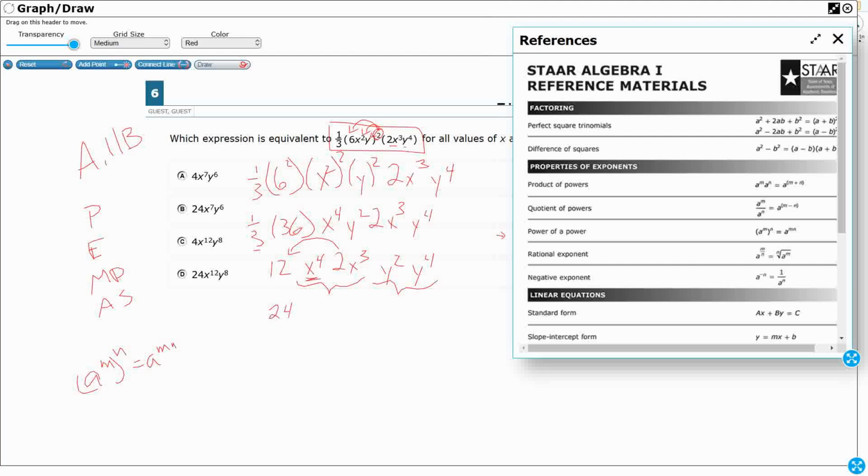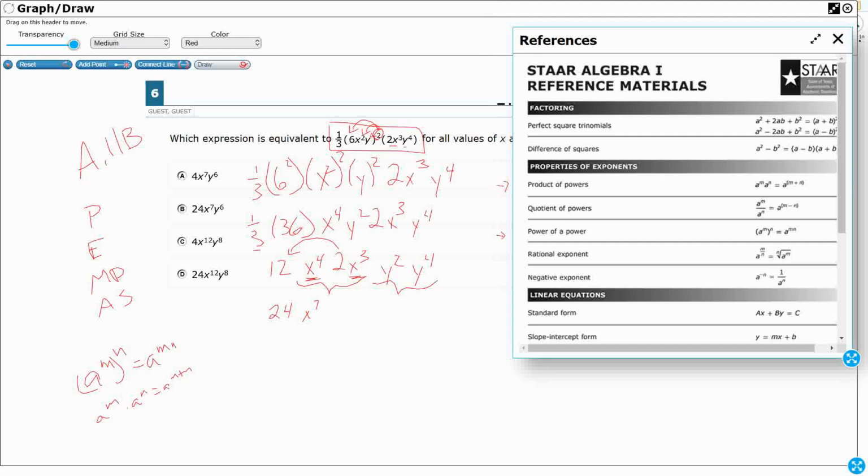So now I've just got an x to the fourth, x to the third. What do I do with those two? Well, that's the product of powers. That's this one up here. That says if you have a to the m times a to the n, so two of the same bases, you end up adding your two exponents. So this is x to the 4 plus 3, or 7.